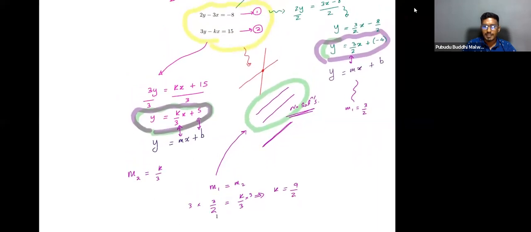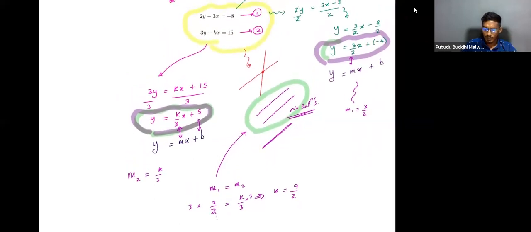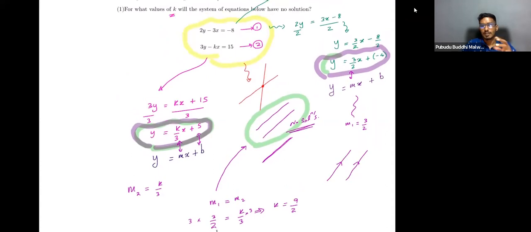For that k value, these two lines are parallel, hence no solutions. Right. So what's the requirement to get one solution or infinitely many solutions? We can discuss that with different problems, right? So slopes are quite important. Comparing slopes is the way to go in these problems.